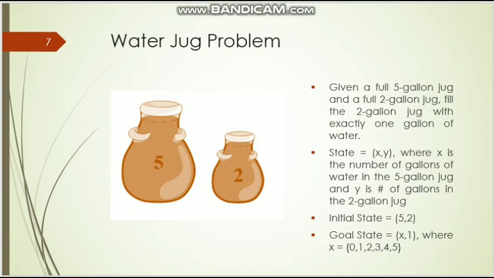If you understand the problem, and if you understand the process of defining the state space, then only you can attempt any water jug problem with any random size, right? So I think this video will help you to understand how to design the water jug problem.